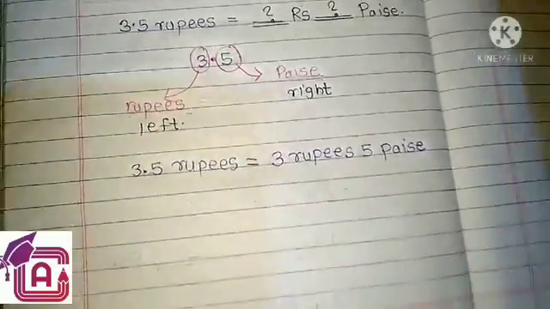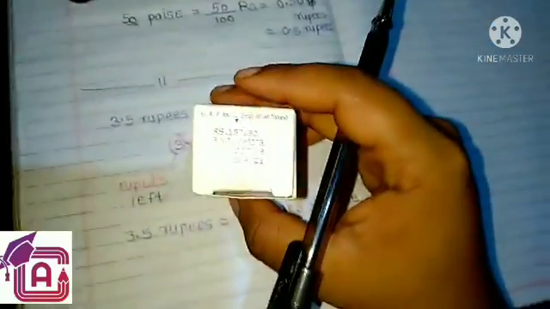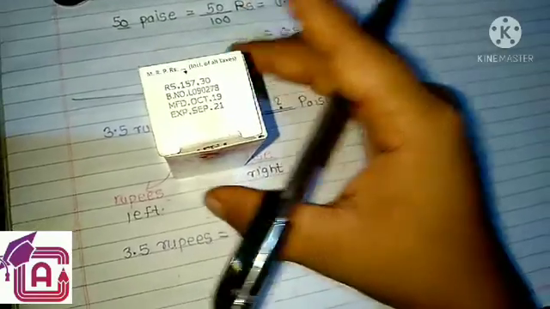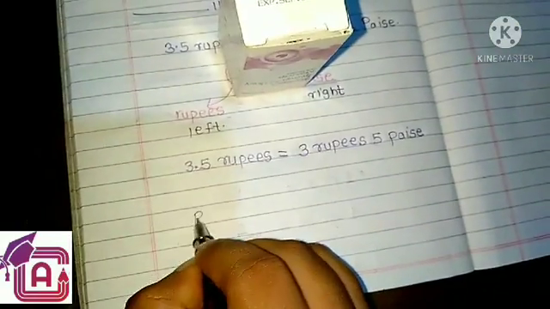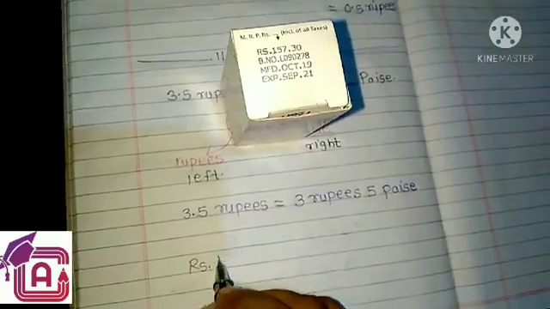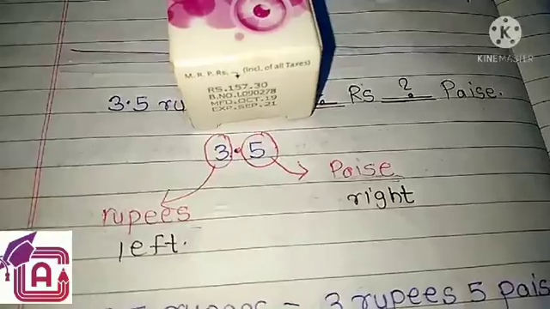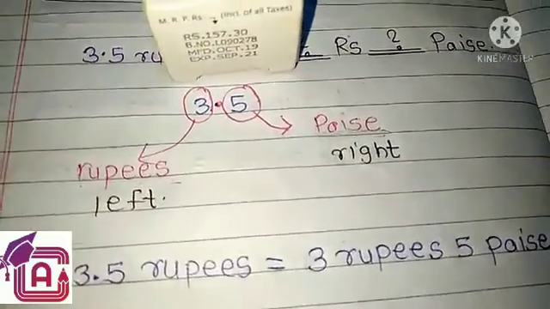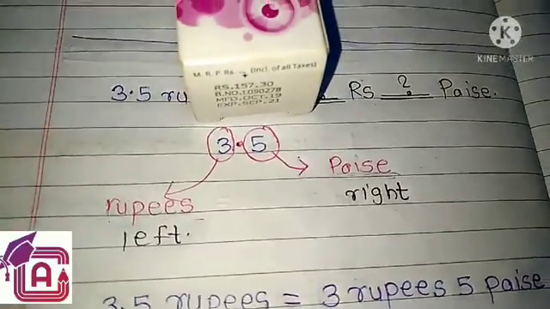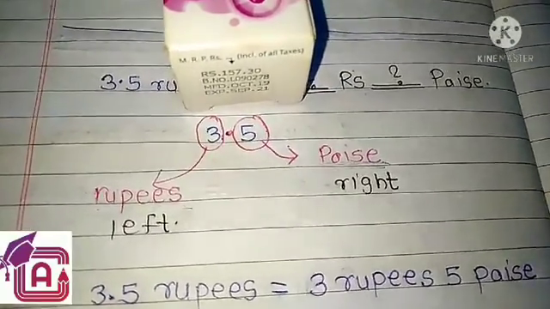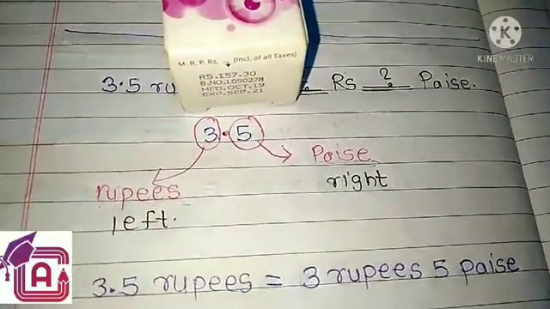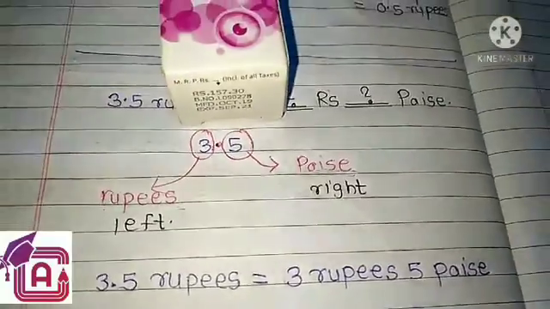So tell me, we are taking the example of this item. This price is, rupees, how many given? 157.30. So in this price, how many total rupees are there? 157 rupees 30, and the value on the right side of the decimal point is in paise.